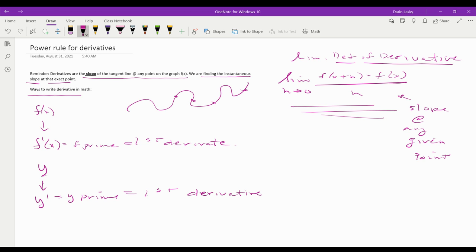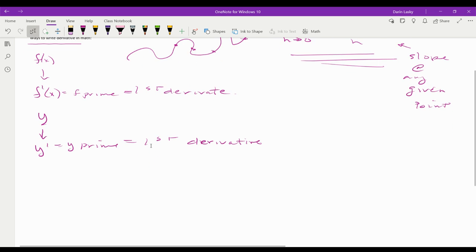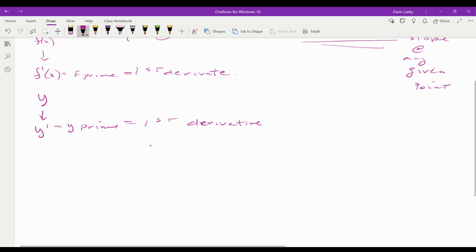Okay, so we have f prime, we have y prime, we also have dy over dx, which is the change in y with respect to x. How much does y change with respect to x? So we're talking about slope.